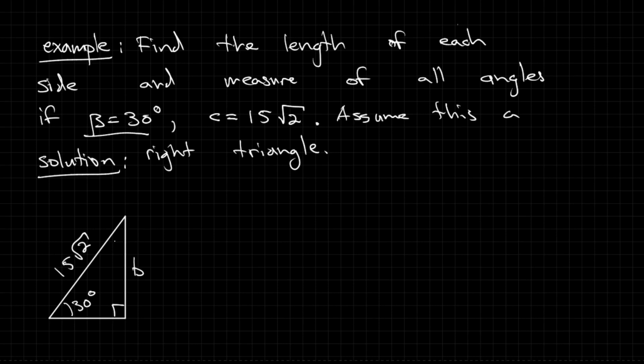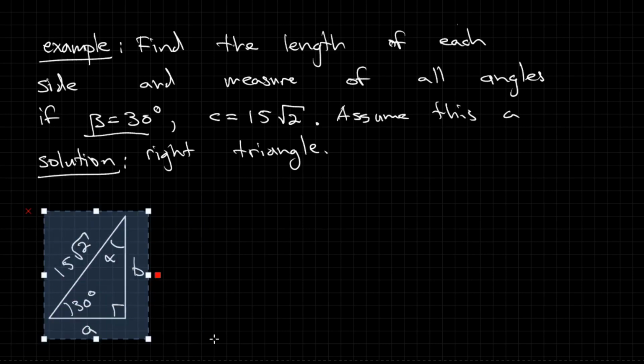This also forces this angle up here to be called alpha, and it forces the side down here to be called A. And I want to make sure I'm clear about this, so I'm going to draw another appropriate triangle that would be okay for this problem.